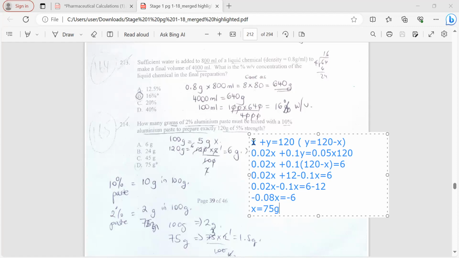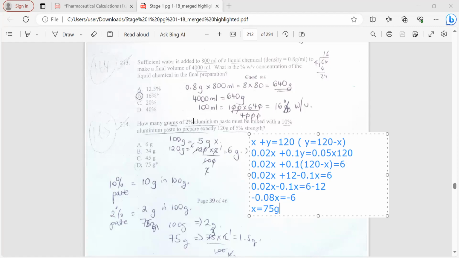So that's how we came up with our first equation. We said if we take x grams, we add y grams, we should get 120 grams. Then in the next equation, we're saying we need 2%.